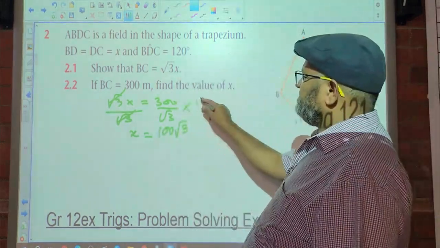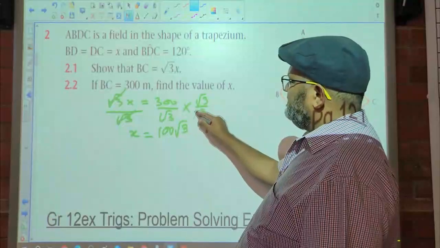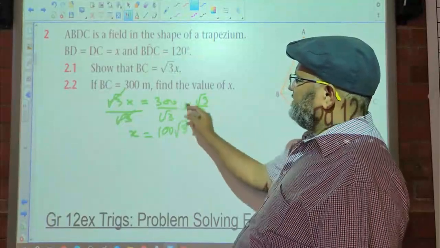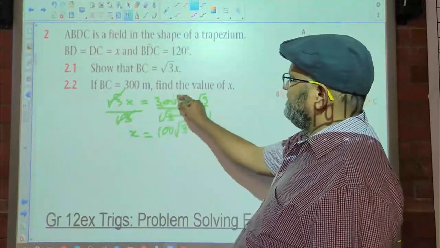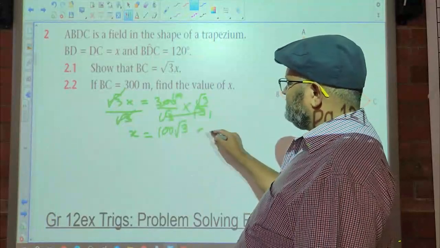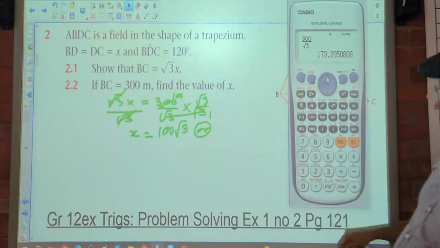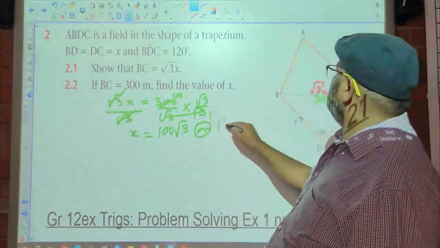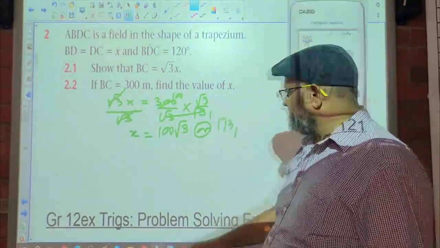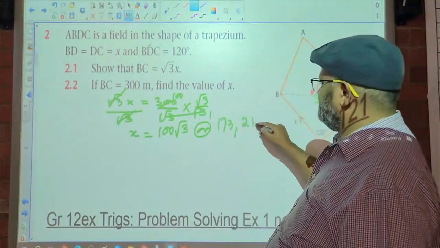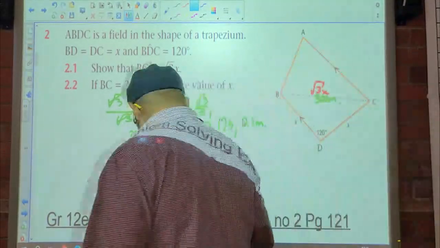I would normally multiply that by root 3 over root 3. That's going to give you 3 in the denominator, and 3 goes into 300 100 times, so 100 root 3. Or the answer that they have, which is 173,21 meters.